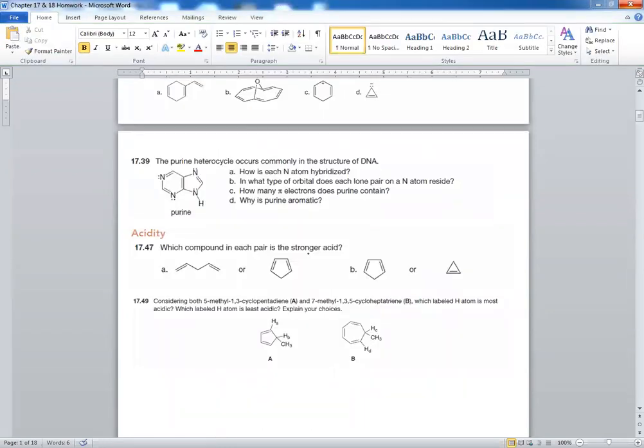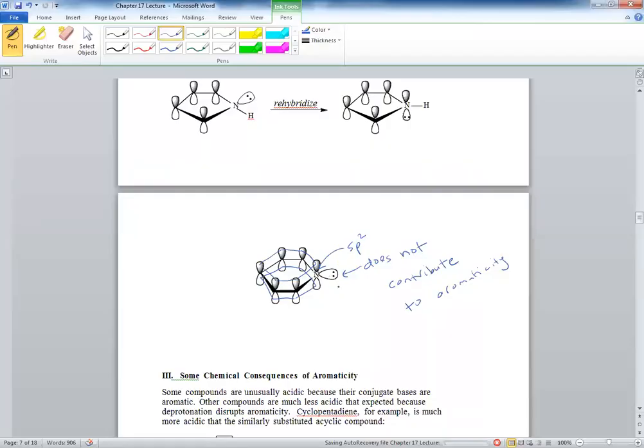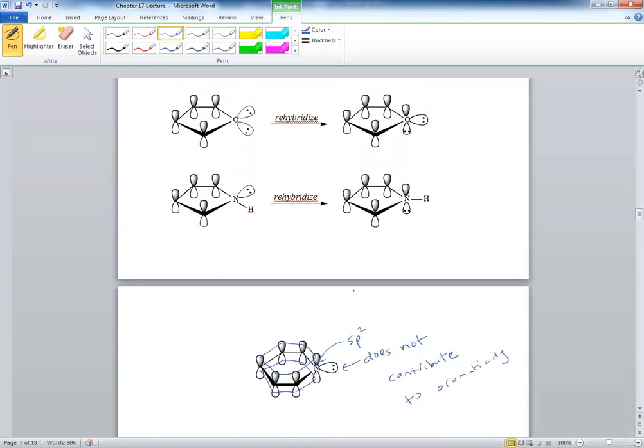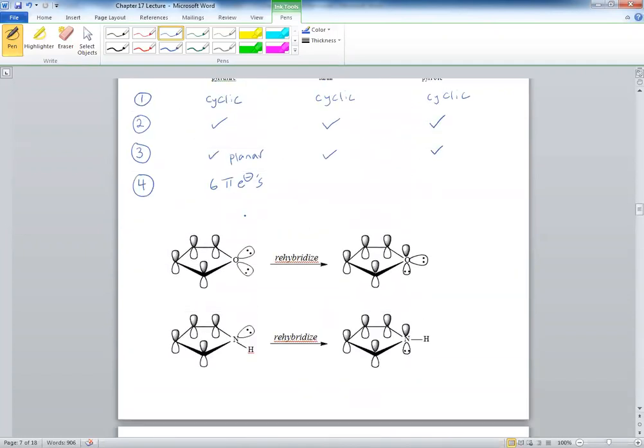So this lone pair does not count. Therefore, we only have 6, which means it satisfies 4n plus 2 pi electrons.